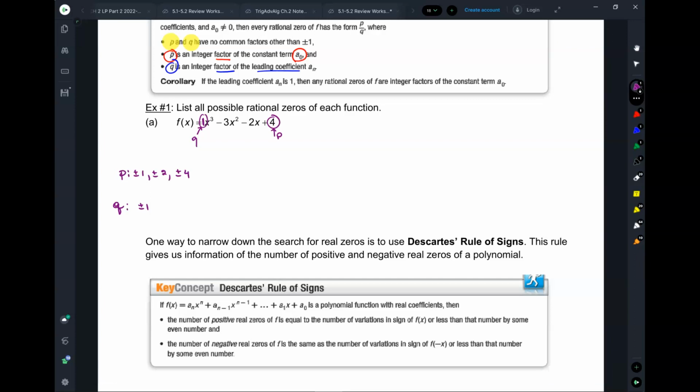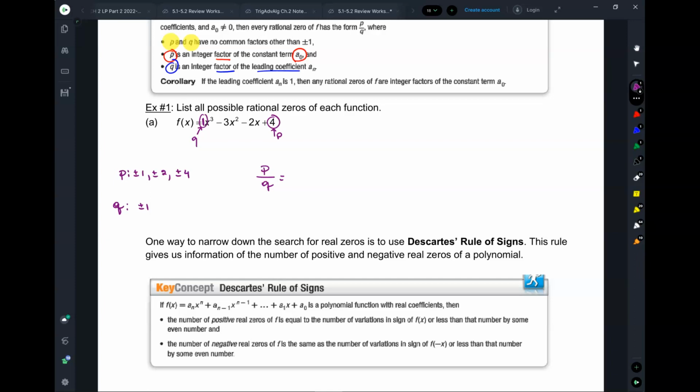Now what you're going to do is P over Q, meaning you take each of the P's and divide them by each of the Q's. When the leading coefficient is 1 and Q is just plus or minus 1, that's the best case because you just get these numbers repeated, right? Like 1 over 1, 2 over 2, 4 over 4.